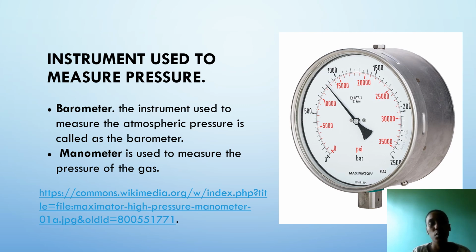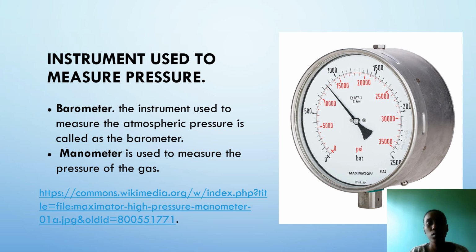The first one is the barometer. A barometer is an instrument used to measure the atmospheric pressure. We have seen that atmospheric pressure is mostly detected or measured by the instrument known as a barometer.